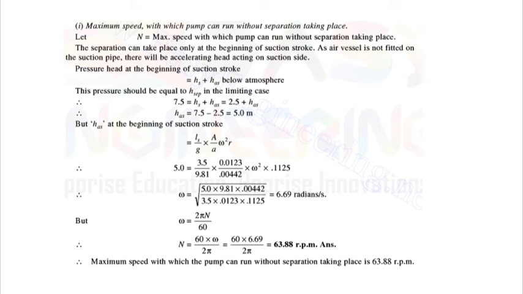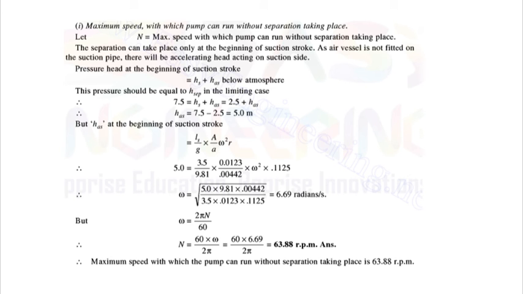We all know the value of HAS at the beginning, where theta is equal to 0 degree, the value of HAS is LS by g, capital A upon small a, omega square R. So we know the value of HAS, that is 5 meter. LS is given in the question, capital A and small a we know. The value of R, that is crank radius, is given in the question.